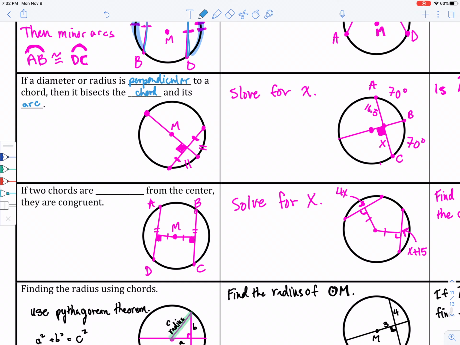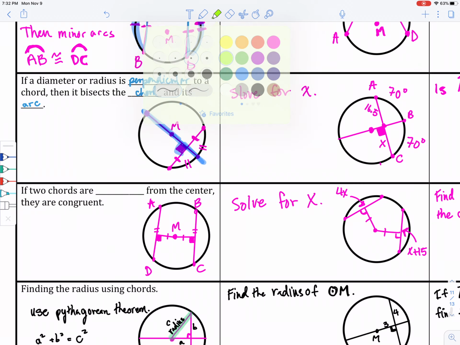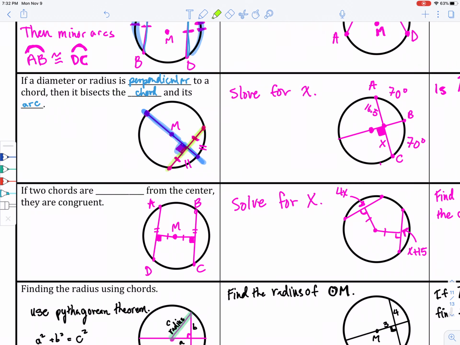So you can see we have our diameter, or you can think of it as our radius here, and it is perpendicular to this chord. Okay. If it's perpendicular, just like the property states, we are getting bisected, meaning we have 2 equal parts in the chord, and our arcs are also split in half.